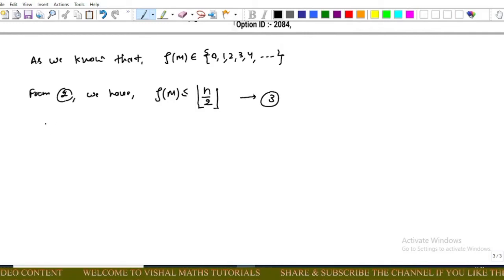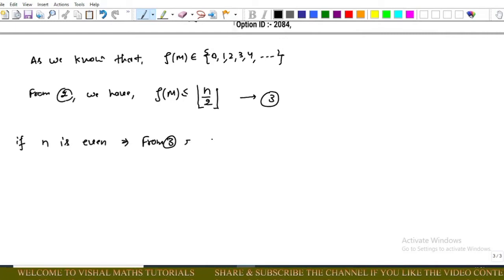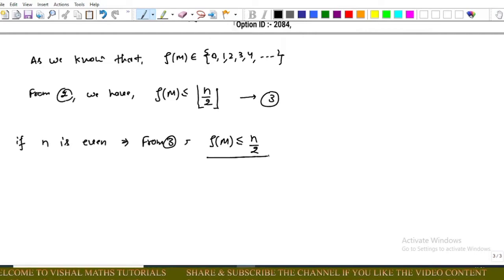Now if n is even, this implies that from 3, rank of M is less than or equal to n upon 2.